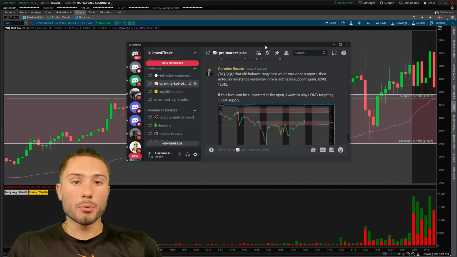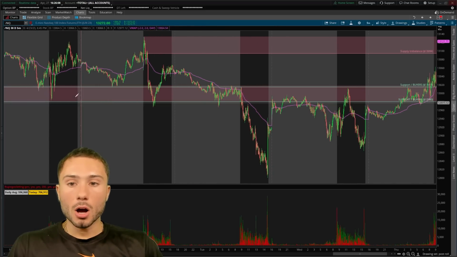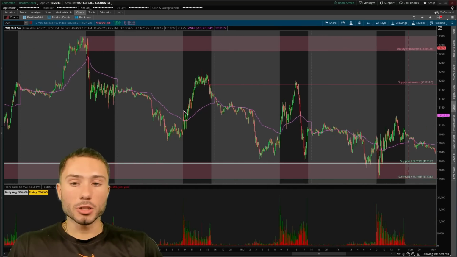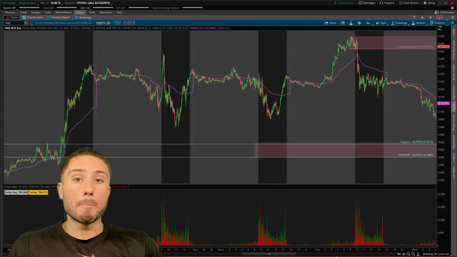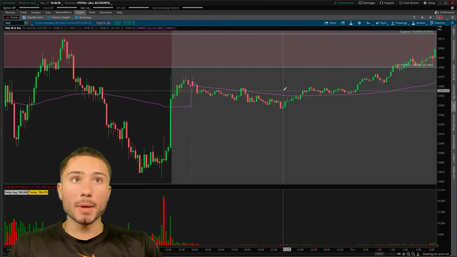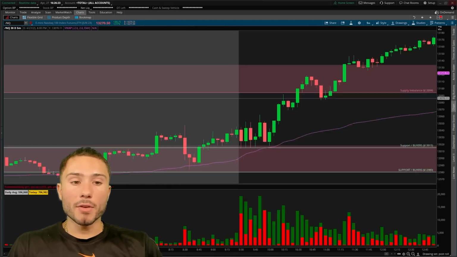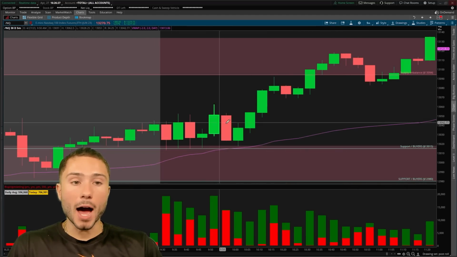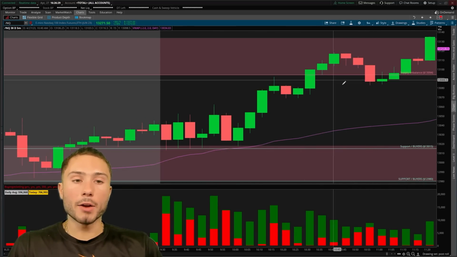It was an old previous little balance range low, bounced off. It's not so much supply, it's not so much demand, it's just a previous balance range low. Yesterday it acted as resistance, sold off from it. Today we opened up above it. It now acted as support perfectly at 13015, targeting 13094 supply.